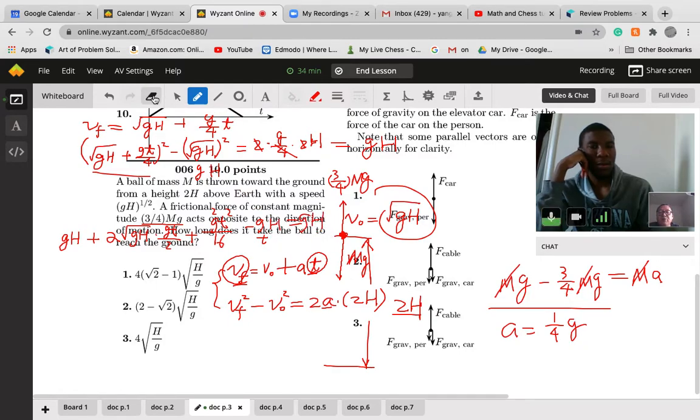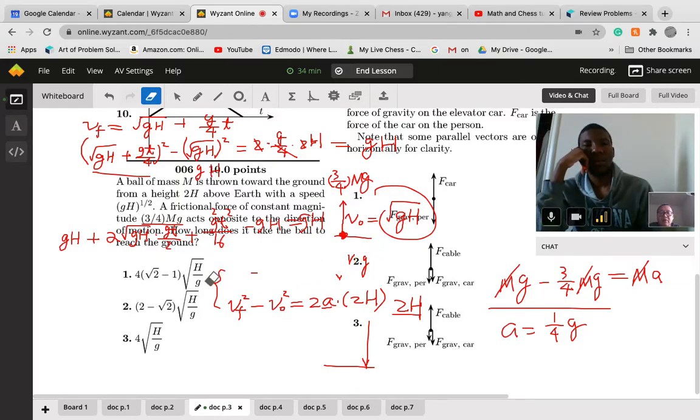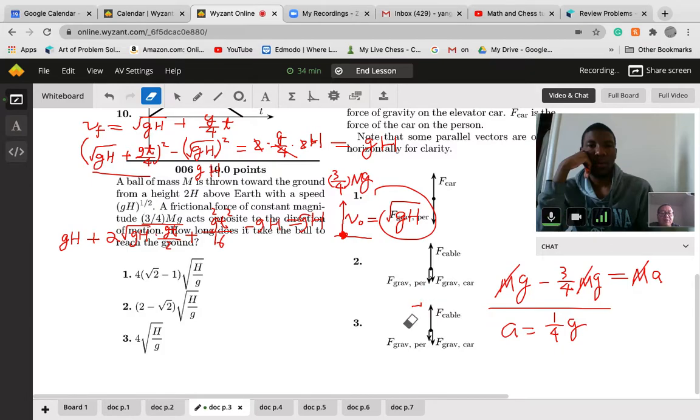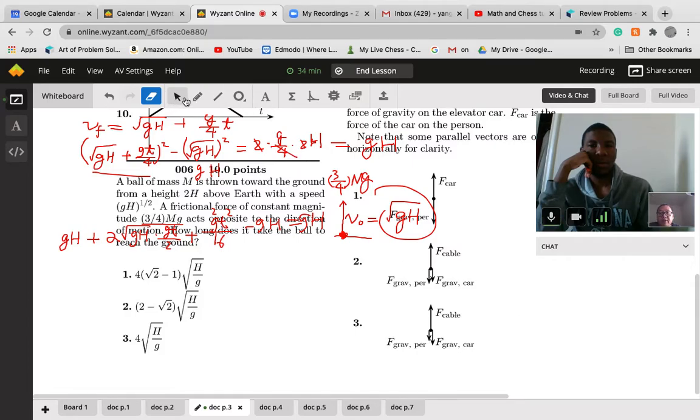Right, now let me remove the stuff we don't want. Then we can see that clearly. Let's simplify this equation. You can see this one, that's gh. This one is 2 times this one, 2. This one cancels out.